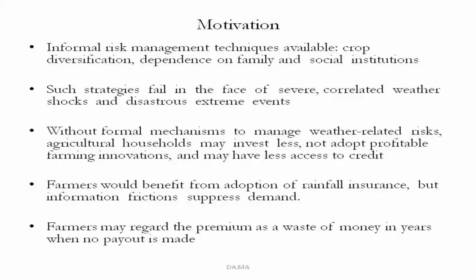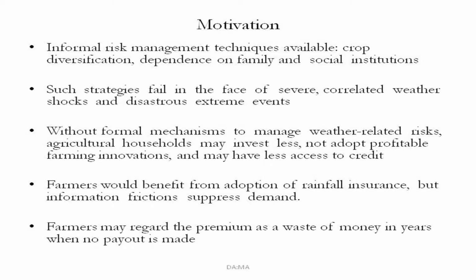And because weather shocks are correlated, you would find it difficult to insure yourself against this adverse shock when you look to other friends, family members and relatives in your village, because everyone else has also experienced a fall in income.